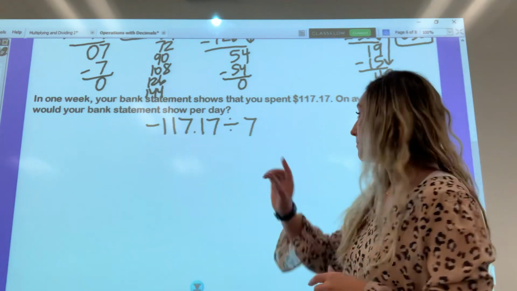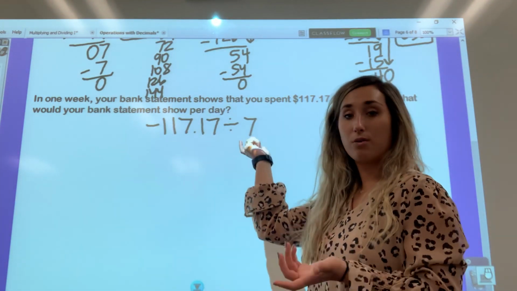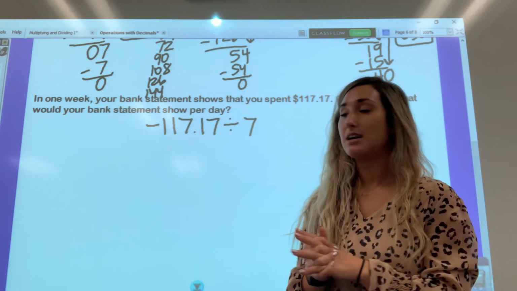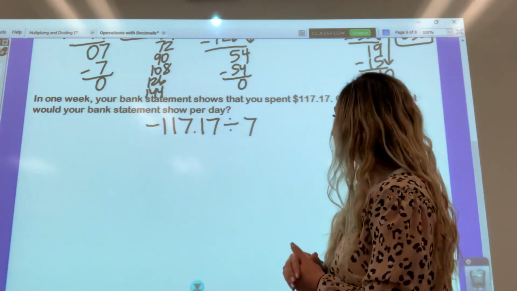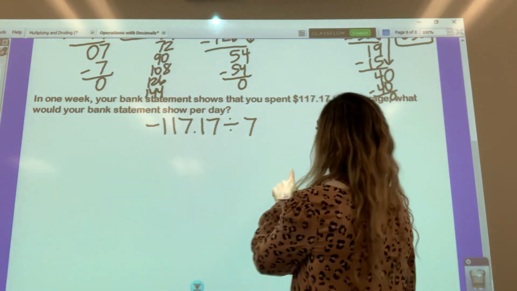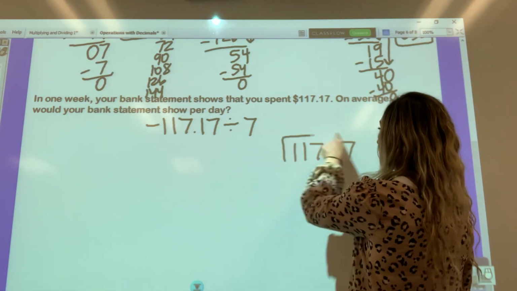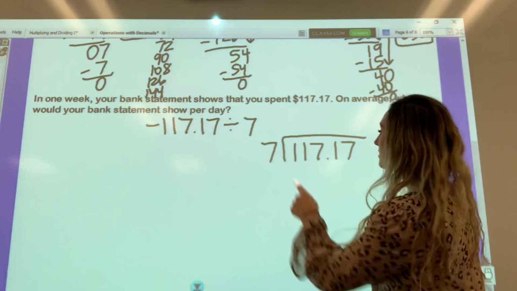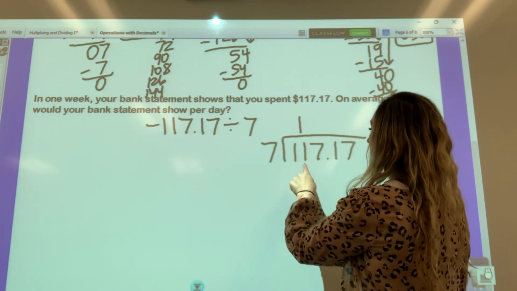And in this example, the number that we're dividing by is already a whole number. We don't need to move any decimal points or decimal places because this isn't a decimal. So we can just set this up with long division. We'll do 117.17 divided by 7 and take it from here. 7 goes into 11 1 time.